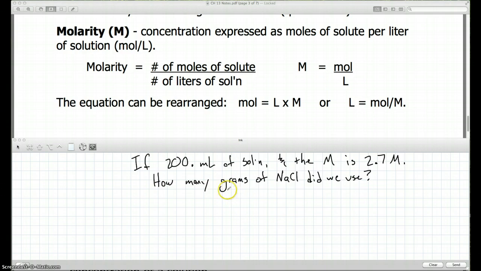I'm going to use this equation, moles equals L times M. Now I have M is 2.7, I can plug that right in. The problem is I don't have liters. What I have is milliliters.